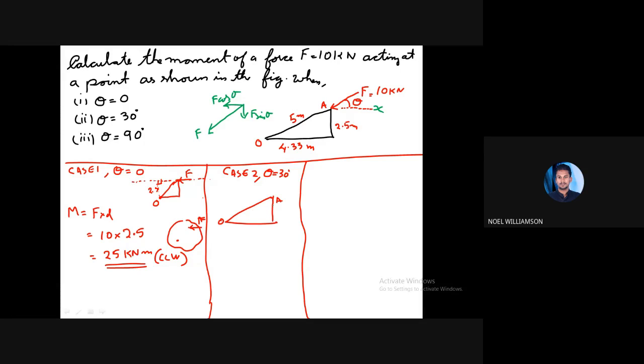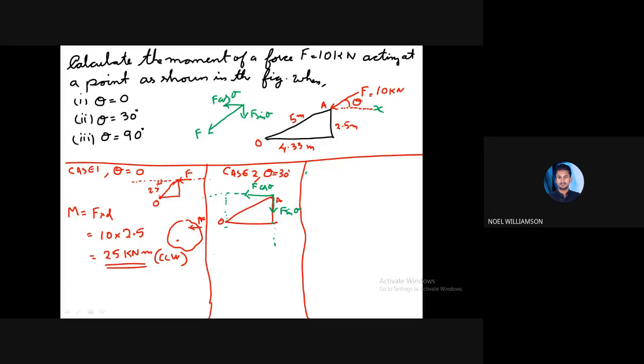At the point A, F cos theta acts like this, and the vertical component is F sin theta, acting like this. F cos theta is acting at a perpendicular distance of this much, that is 2.5 meters, and F sin theta is acting at a perpendicular distance of 4.33 meter, right?